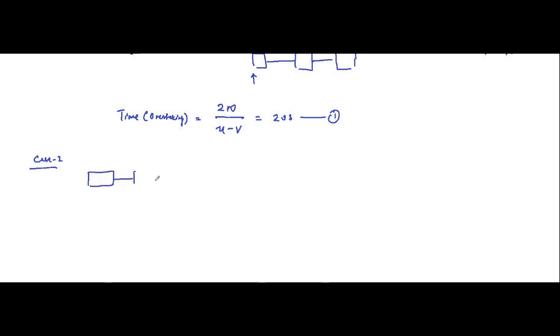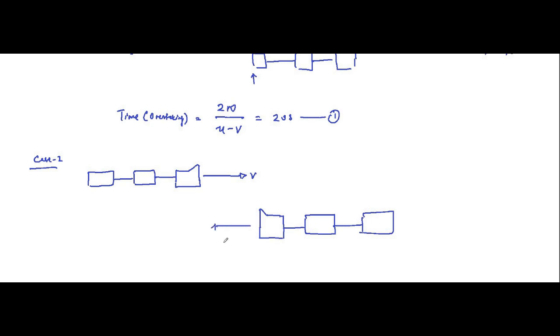Let's say this is moving with v, and we have another train, the same length, which is moving in the opposite direction with u. v meters per second, u meters per second.